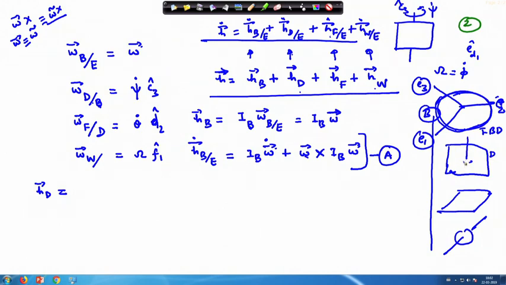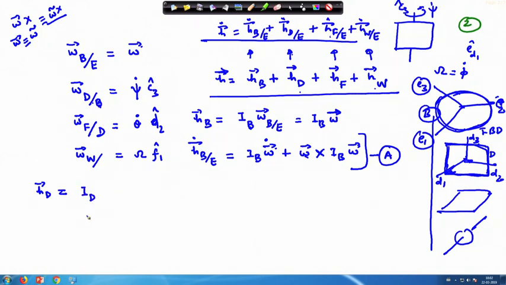To the D frame we have attached one frame, which is D 1, D 2 and D 3, and this frame will be rotating with respect to the satellite. So, in the D frame, the moment of inertia, because it is fixed to the outer frame and it is rotating along with the outer frame, is not going to change, and it makes it easier to write.